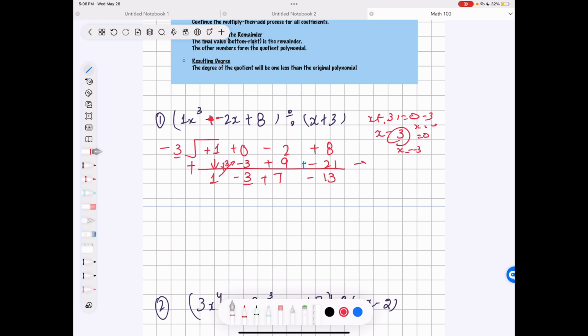This is where we write our product answer, and this is where we add. This is our adding answers. So now we get 1, 1, -3, 7, -13.